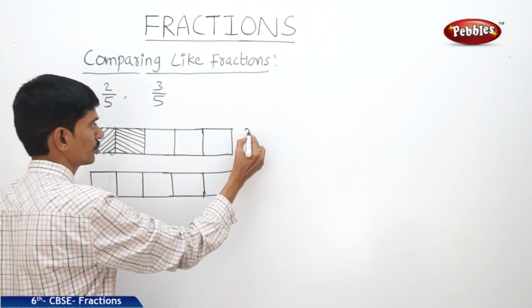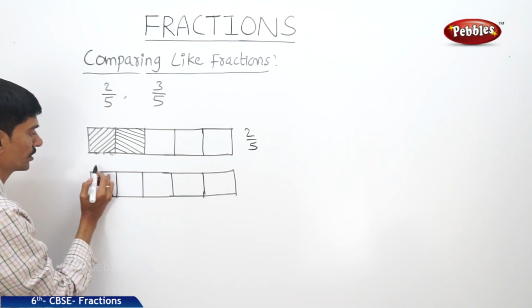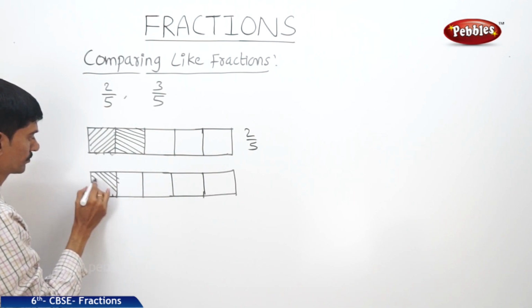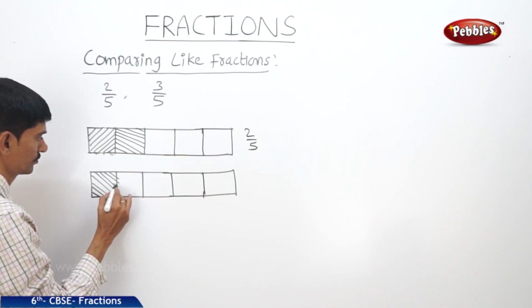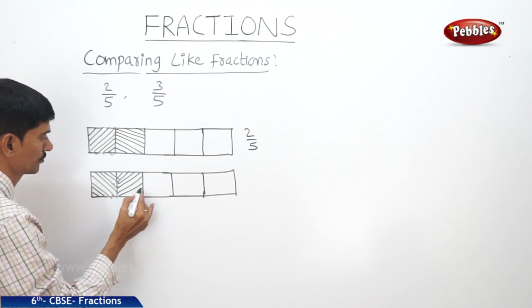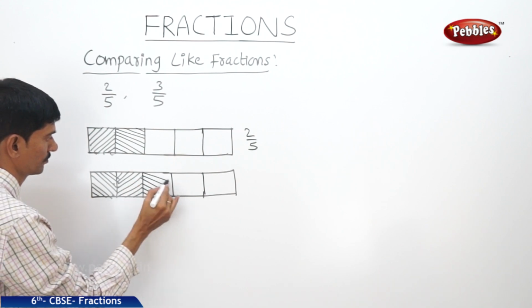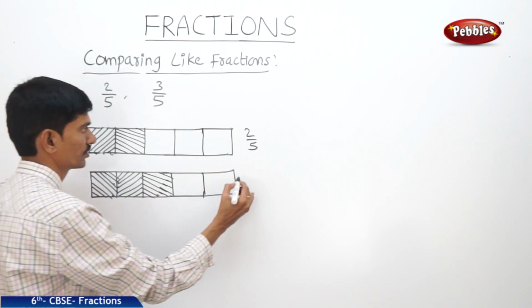So this is 2 out of 5, and in the second case 3 parts are shaded out of 5 equal parts. So this is 3 by 5.